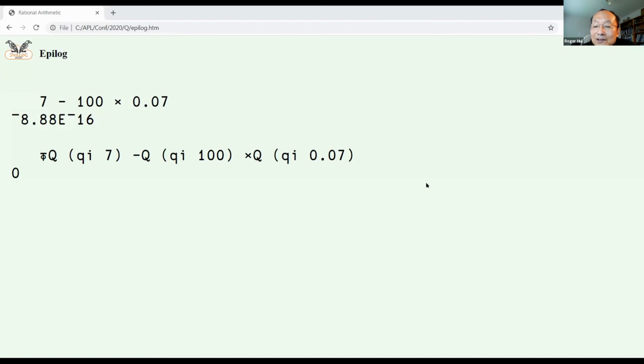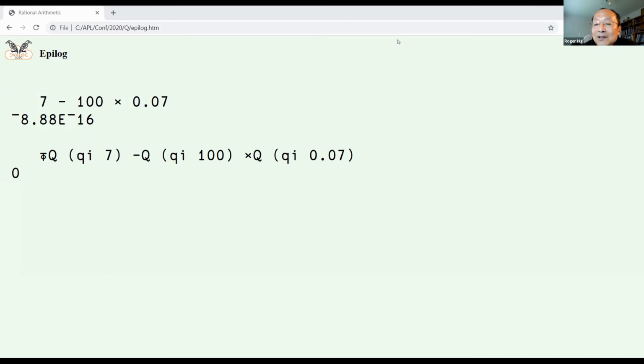Shu Hao has a question: what will show when you apply QI to an irrational number? I think I've already answered that, but let's say you apply QI to 2 star 0.5, which is supposedly an irrational number but is a floating point number. It will give the best rational representation it can.